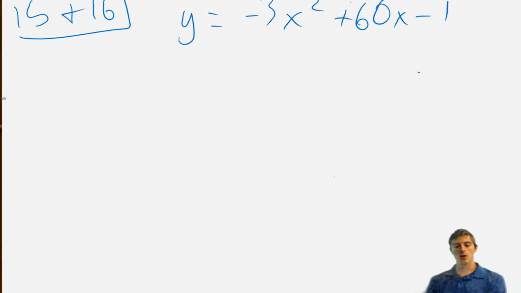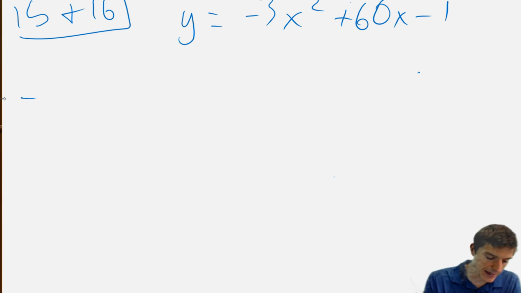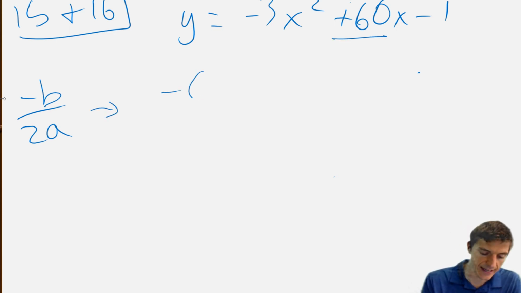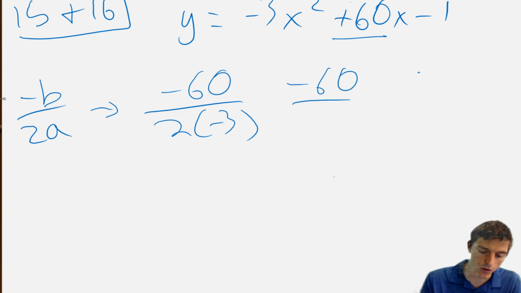The formula for axis of symmetry is -b over 2a. That's how I find my axis of symmetry. My b value is 60, so I say -60 over double what a is, and a is -3. So that's -60 over -6. So my axis of symmetry is at x equals 10.